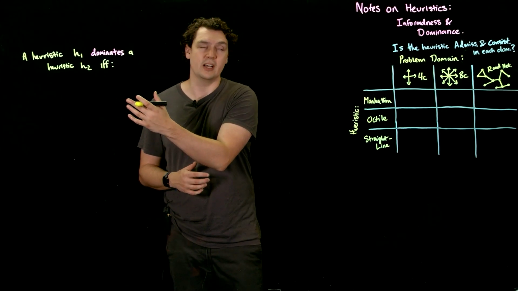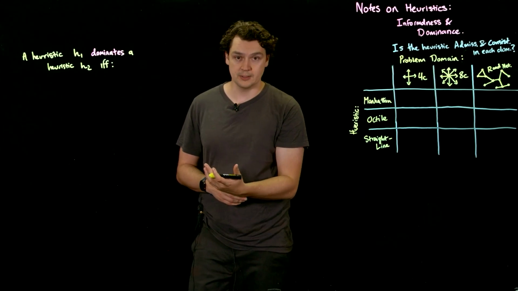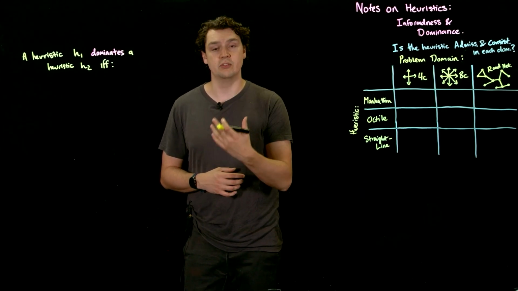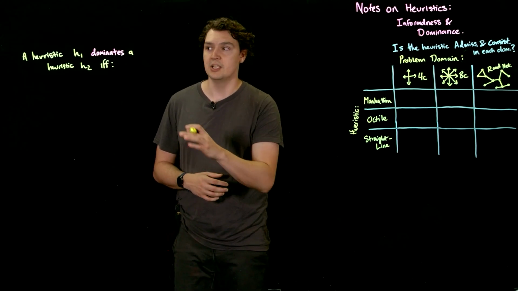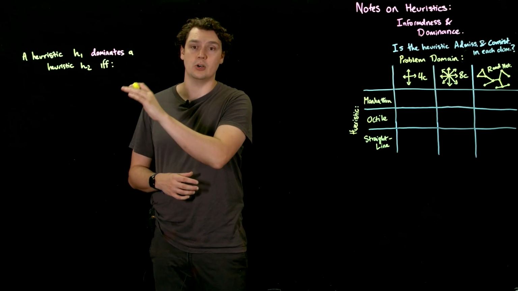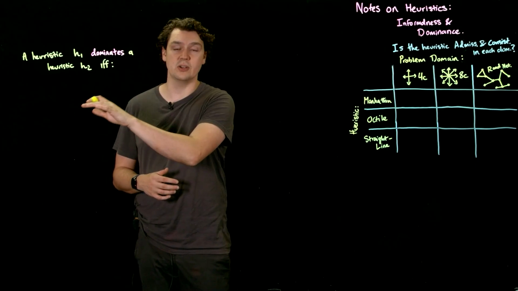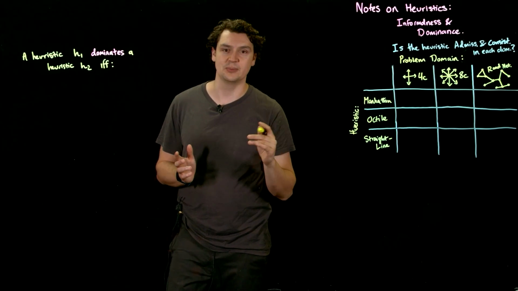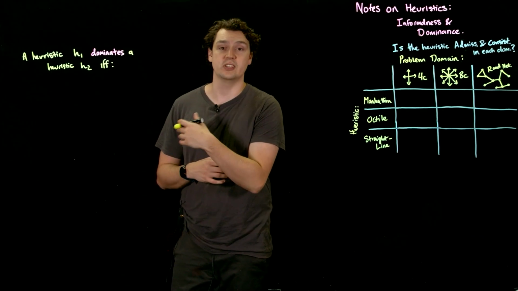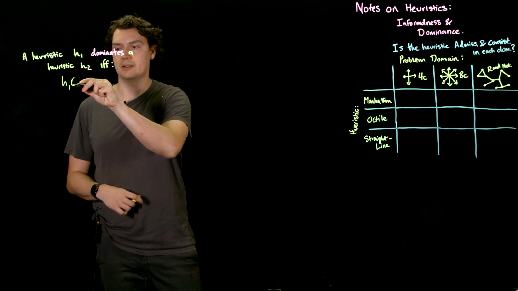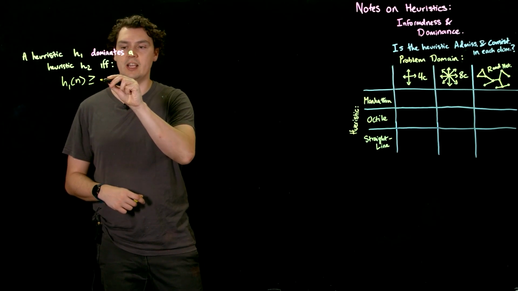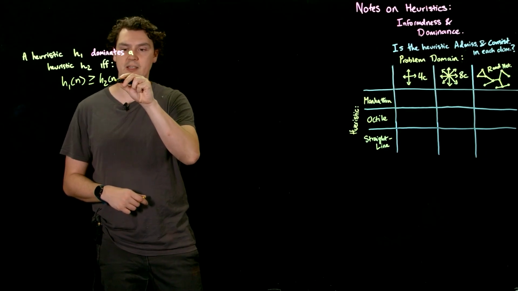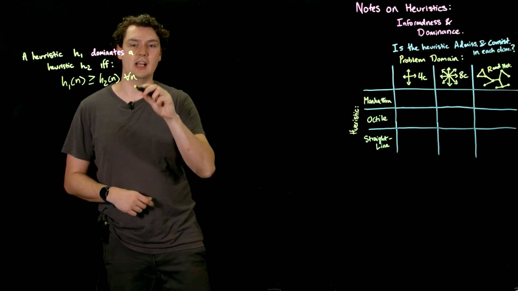We're going to talk then about the concept of dominance, which is a stronger version of informedness. So a heuristic H1 dominates another heuristic H2 if and only if, the two F's here is like mathematical terminology for if and only if, H1(n) is greater or equal to H2(n) for all n, right?